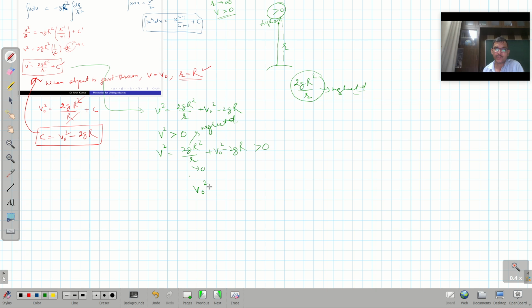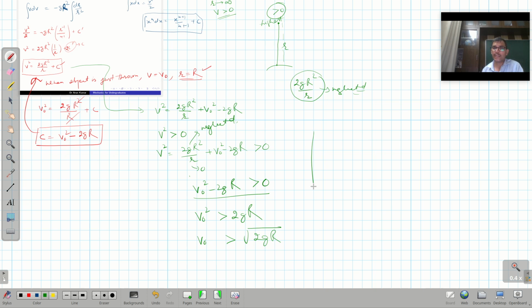So that means v naught square minus 2gR must be greater than 0 in that case. Or I can say that v naught square is greater than 2gR, or v naught is greater than root of 2gR, because velocity can never be negative, right?